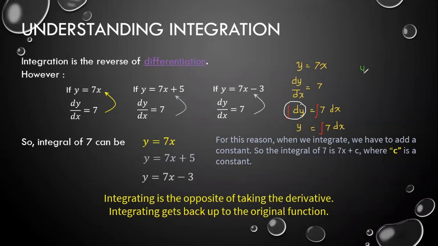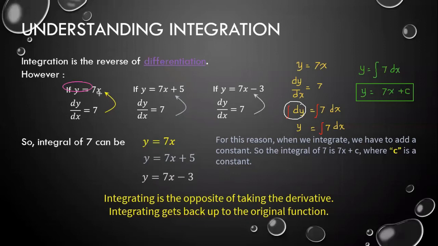When we have y equals the integral of 7 dx, by using the technique of integration, we will find that y is 7x plus c. So it's proven that integration is the reverse of differentiation. Is it clear to everyone?